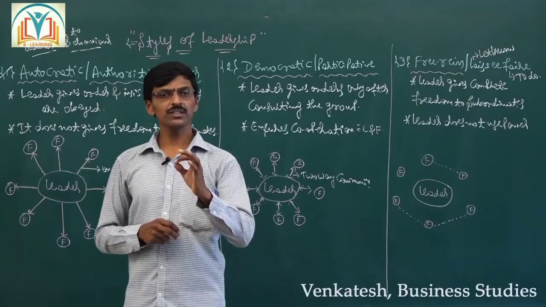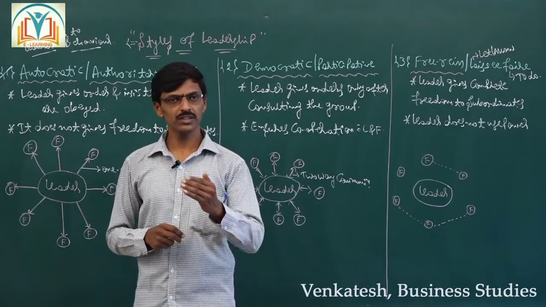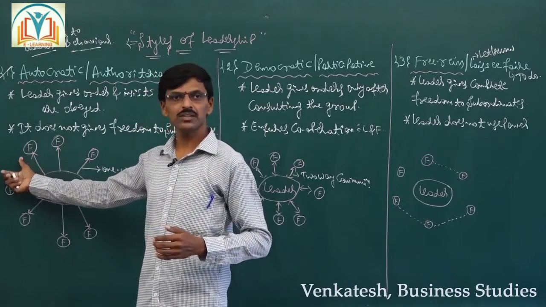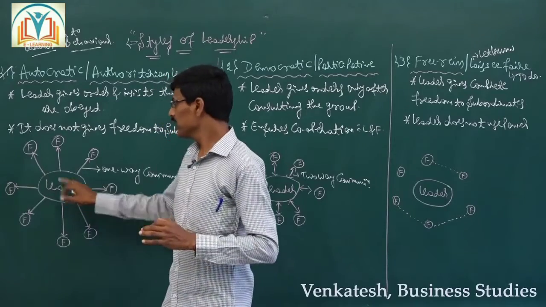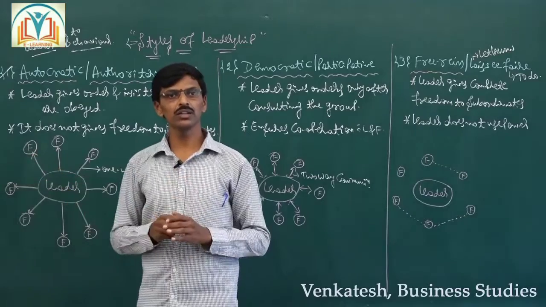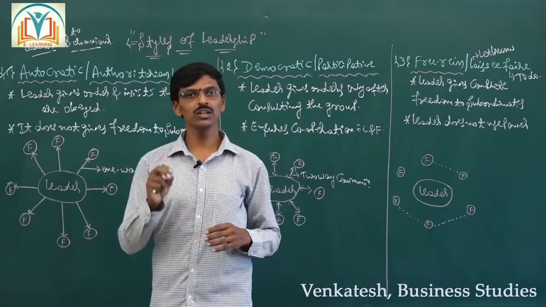He doesn't receive any suggestions, and he doesn't accept any opinion given by the subordinates or followers. Only the leader gives the work order. As per the work order given by the leader, all the followers must do the work.